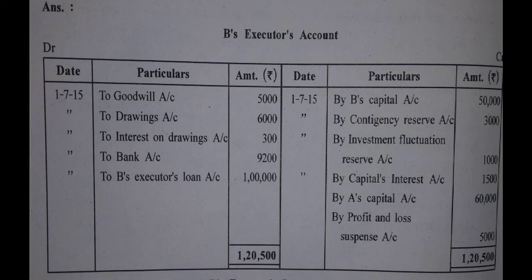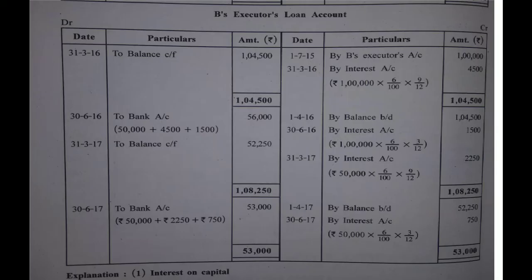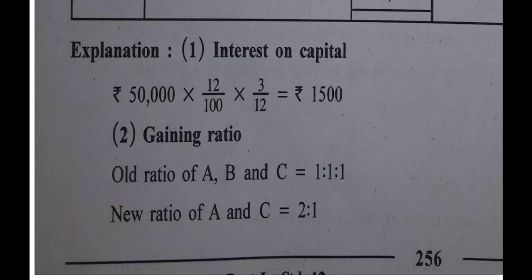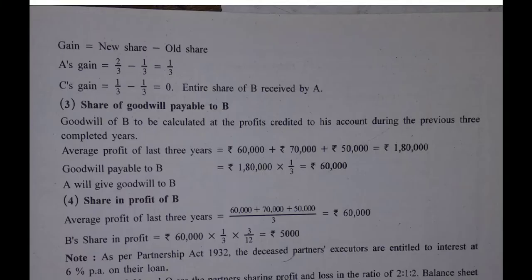Yes, the difference that I was explaining between adjustment number 3 and adjustment number 5, I guess, the only difference is that while calculating the value of goodwill, they have said that you have to calculate on the basis of profits. This is the reason that we have added the amount of profit of 3 years.